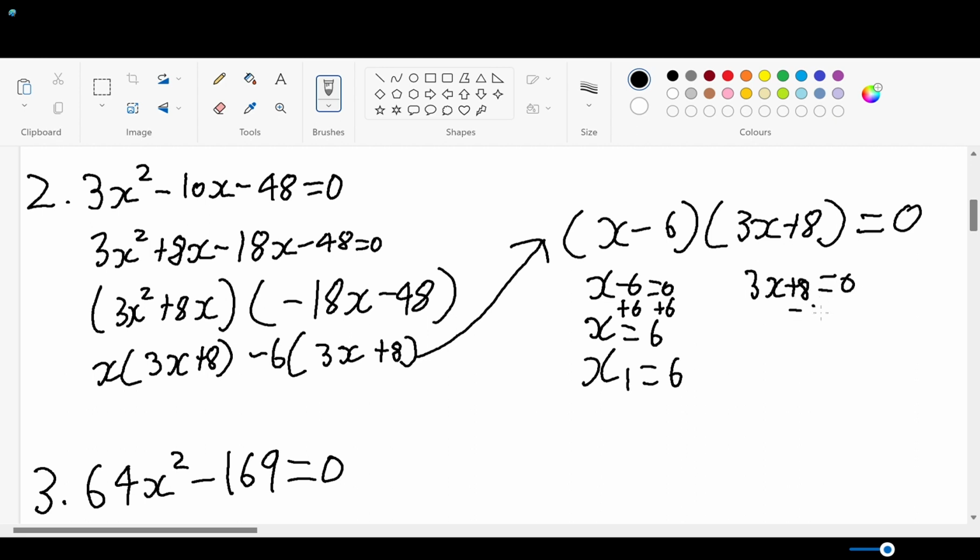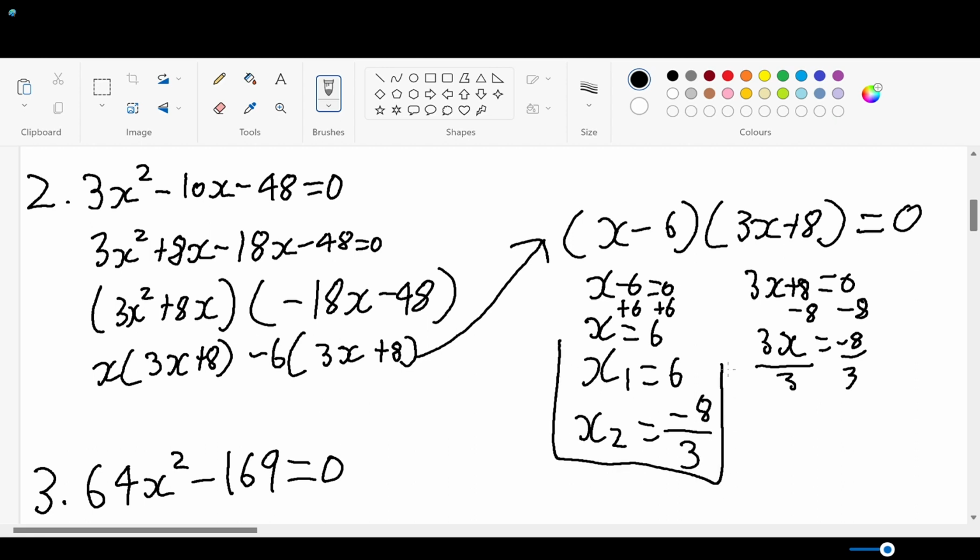Subtract 8 from both sides. Then 3x equals negative 8. Divide by 3 on both sides. Therefore x2 will be equal to negative 8 over 3. Those are the answers.